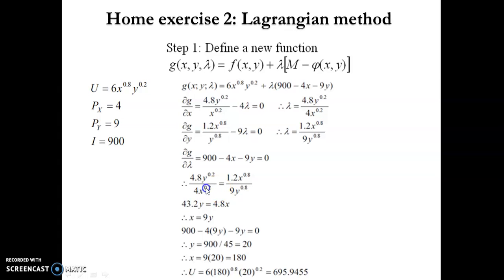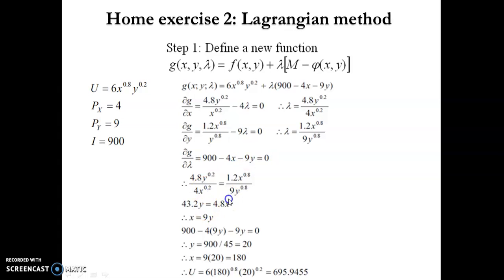And again, my exponents can be added, so that is just going to be x, right? So therefore I can rearrange, making either y or x the subject of the formula here. It's easier to make x the subject of the formula because 43.2 divided by 4.8 is going to give you 9y. Therefore, I can substitute x is equal to 9y into that third equation over there.